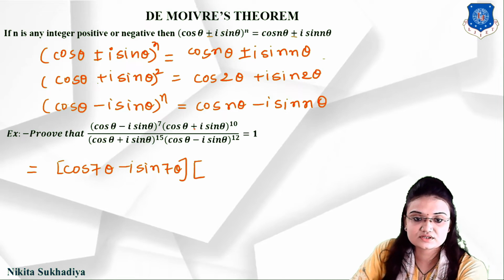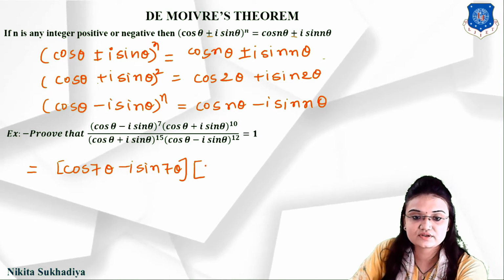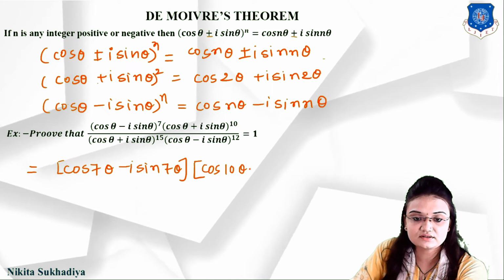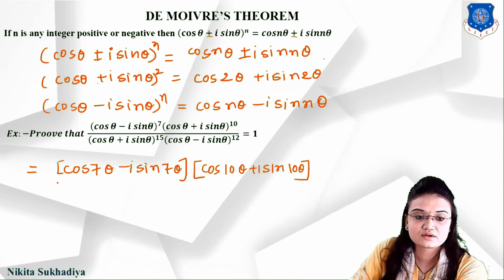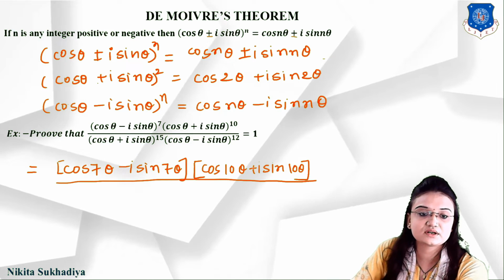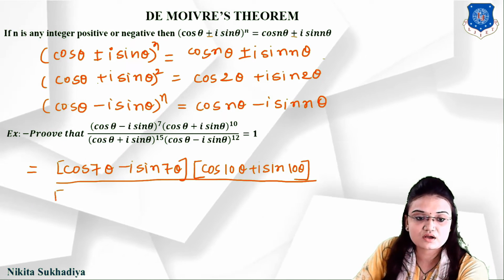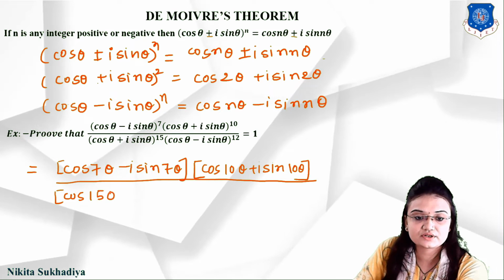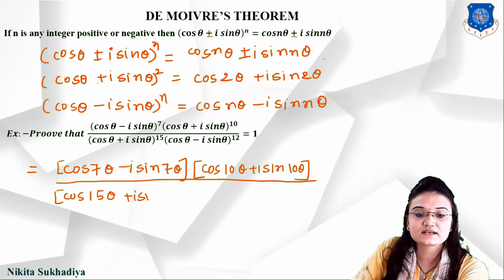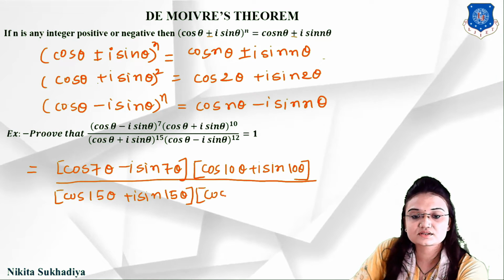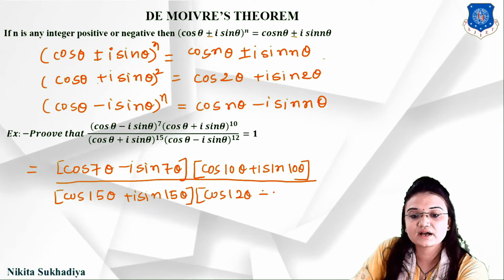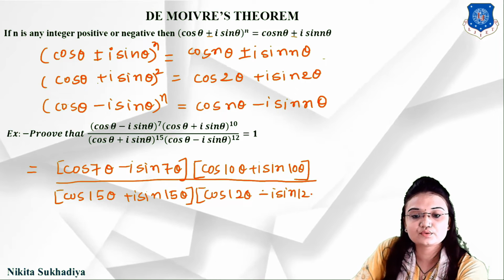Then (cos theta plus i sin theta) raised to 10 we can write as cos 10 theta plus i sin 10 theta. And in the denominator this is cos 15 theta plus i sin 15 theta, and also cos 12 theta minus i sin 12 theta.